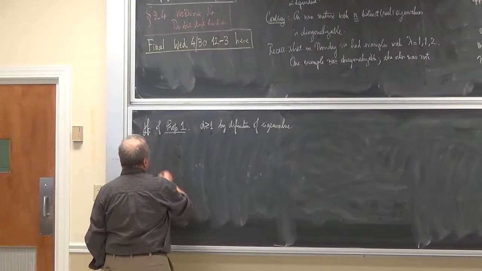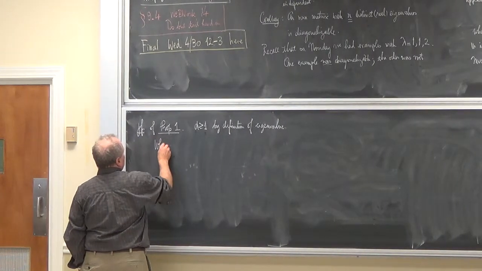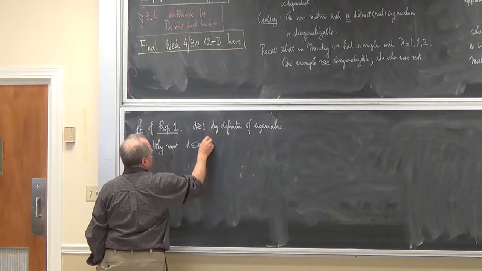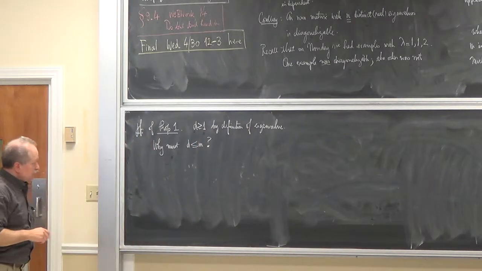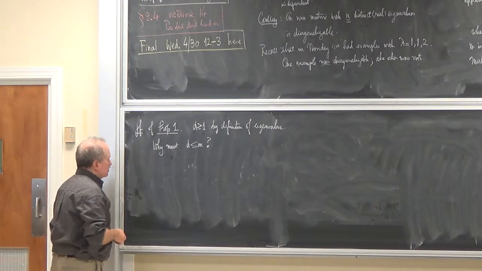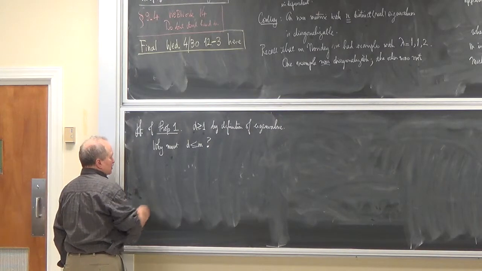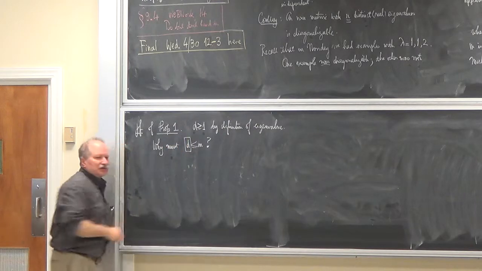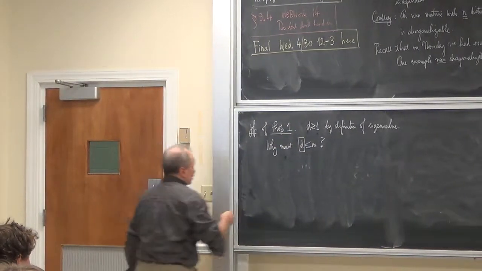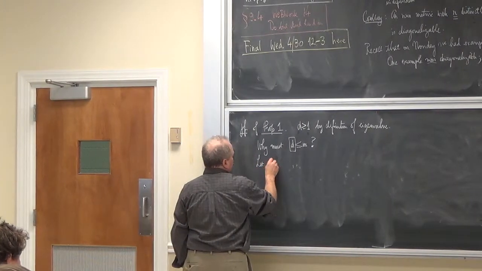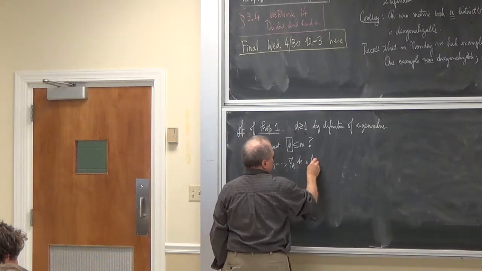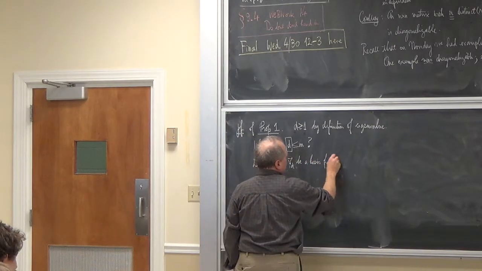So why must d be less than or equal to m? Here's what I suggest you do. Let's use these d linearly independent eigenvectors to build a basis. So let v sub 1 to v sub d be a basis for E of lambda.